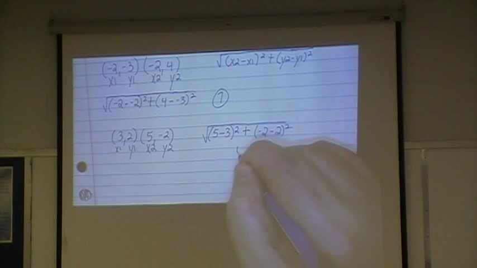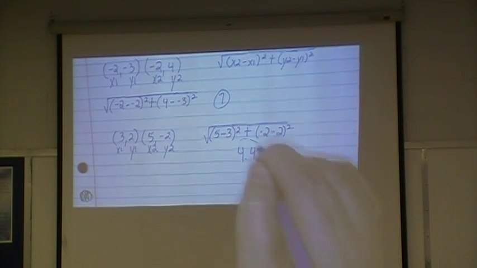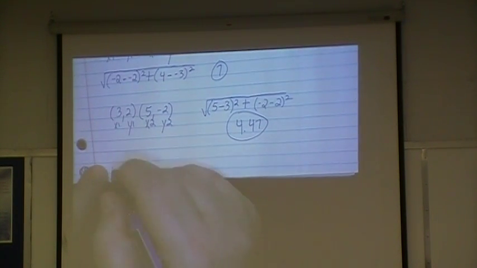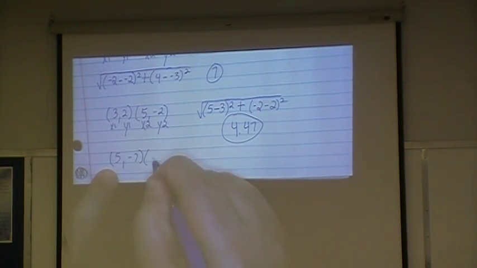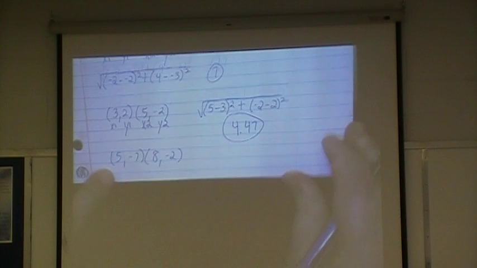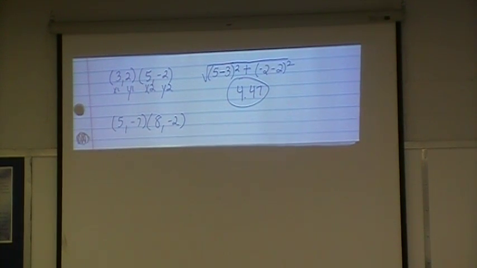All right. Let's do one more example. Five and negative 7, 8, negative 2.